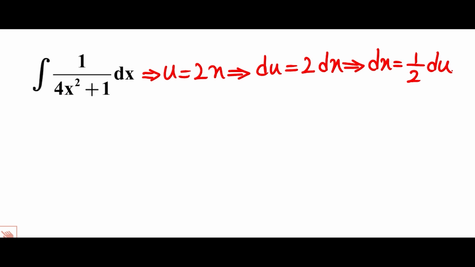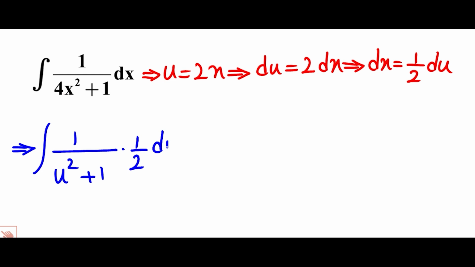Now rewrite the integral. We have the integral of 1 over, since u is 2x, u squared is 4x squared. So 4x squared is u squared, plus 1, and dx equals 1/2 du.